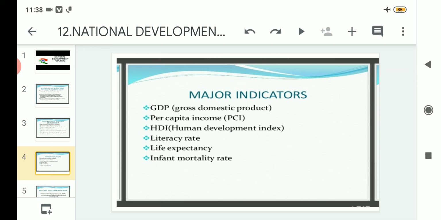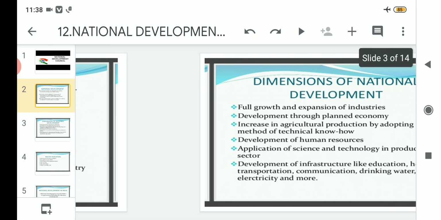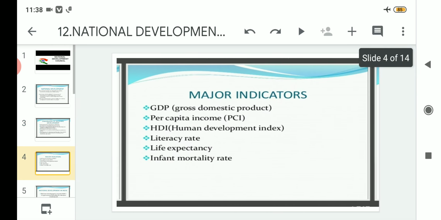The major indicators related to the calculation of national development are 6 in number. These are the 6 major indicators under which national development is actually calculated. It starts from the GDP. A country's GDP is also taken into account, that means gross domestic product.